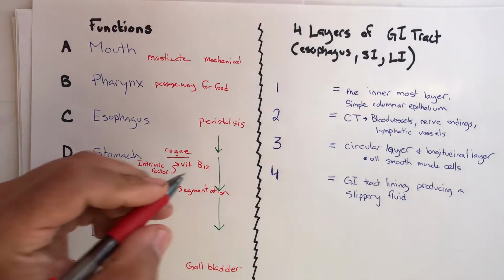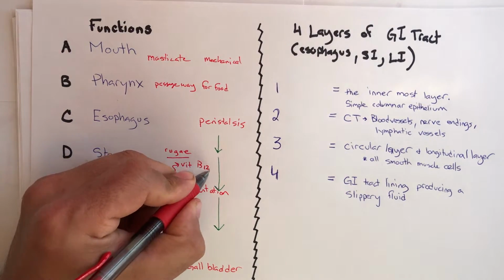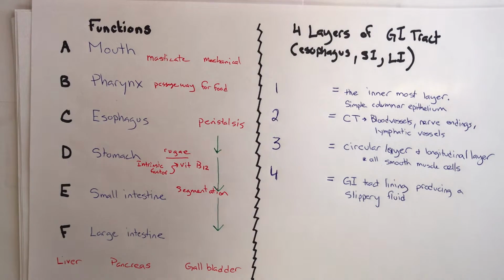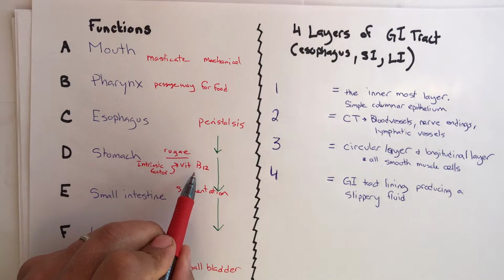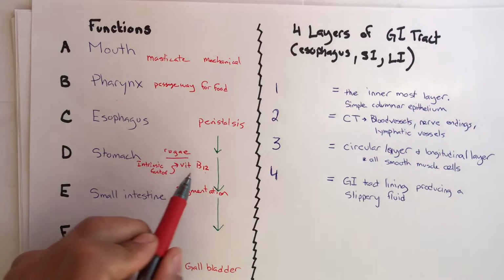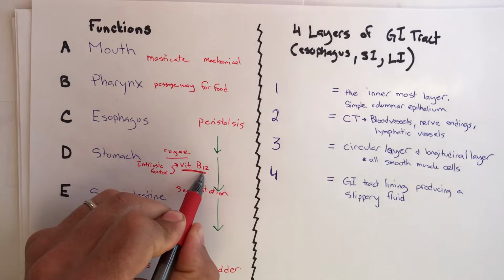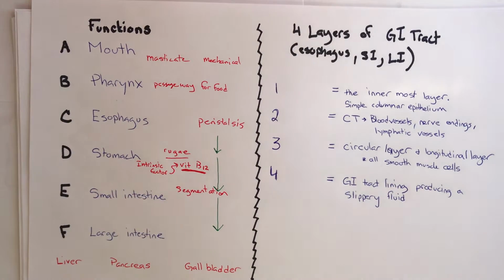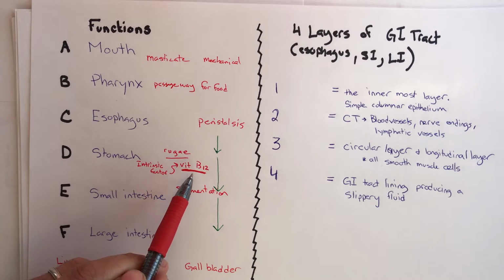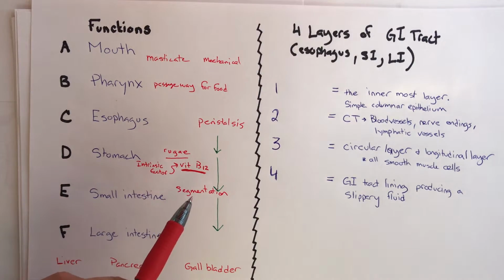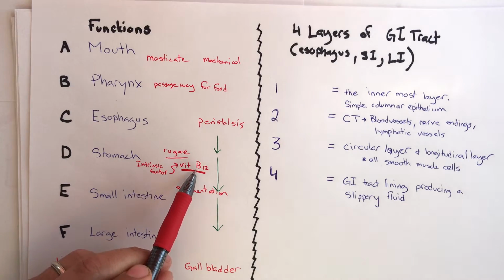Vitamin B12 is an essential vitamin, and we can only get this vitamin through eating animal products, through animal protein. It's very important that if you're vegan to understand that you're getting this supplement through some kind of vitamin pill, because we can only absorb this through animal products.